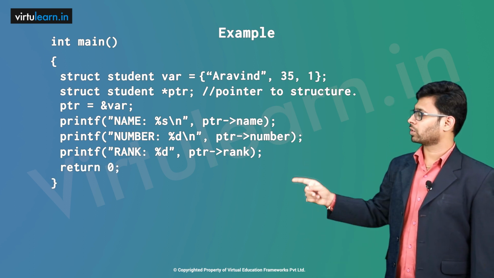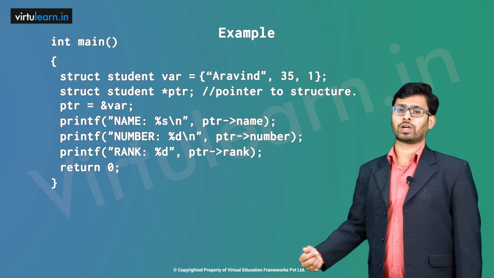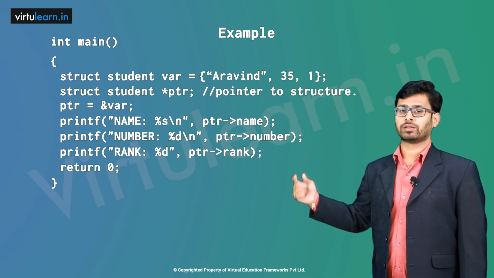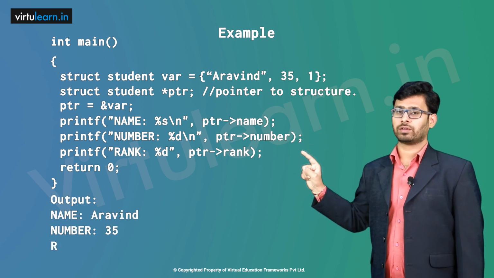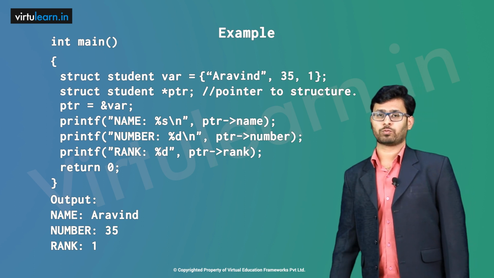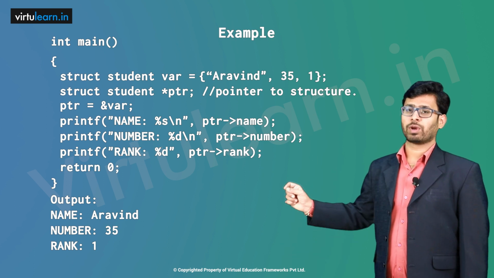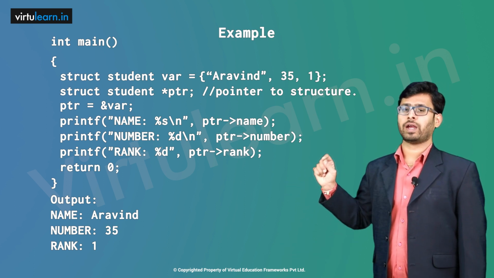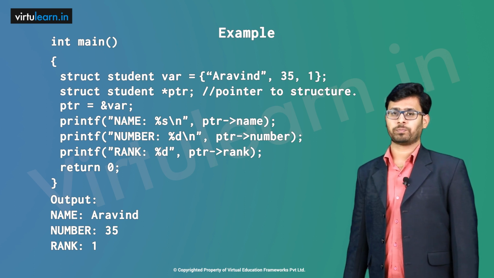Next, return 0, close the main. Now what would be the output of this program when you compile and execute it? The output is name Aravind, number 35, rank 1. So this is an example for implementing pointers and accessing the values from the pointer variable using arrow.